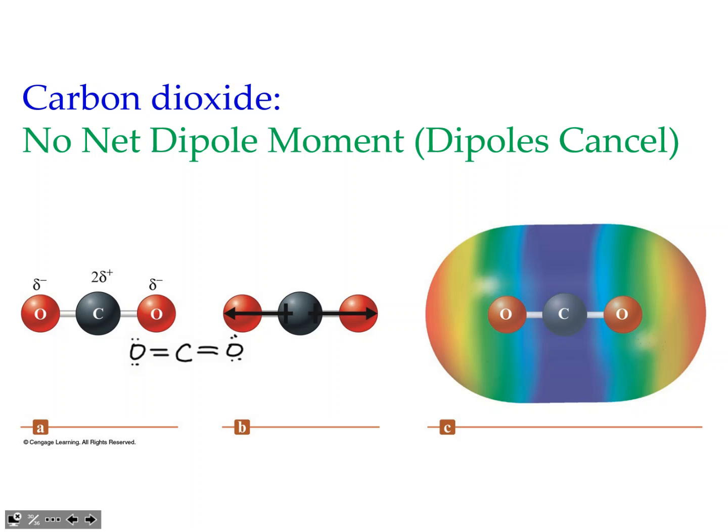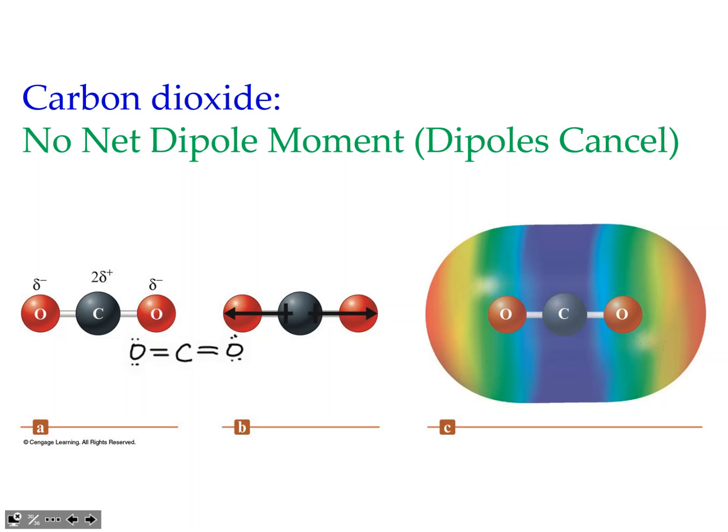Like I said, we'll get back into shapes and drawing a little bit later, but for our purposes, what you should see here, even though we know, if you look at our periodic table, that there's a difference between carbon and oxygen, so that it is a polar bond. I mean, you could calculate it with the electronegativities. I believe the electronegativity difference between carbon and oxygen, if you did calculate it, would be 1, so it would be smack dab in the middle, polar.